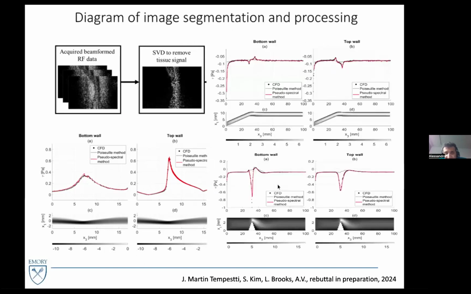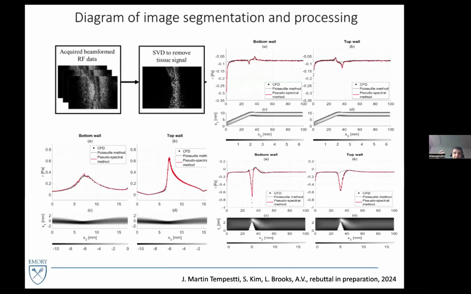Of course, when we have real data, we have noise, and the noise affects velocity to the point that finite difference formulas, because after all, Poiseuille is a finite difference formula, were really affected by noise, as opposed to the pseudospectral approach.